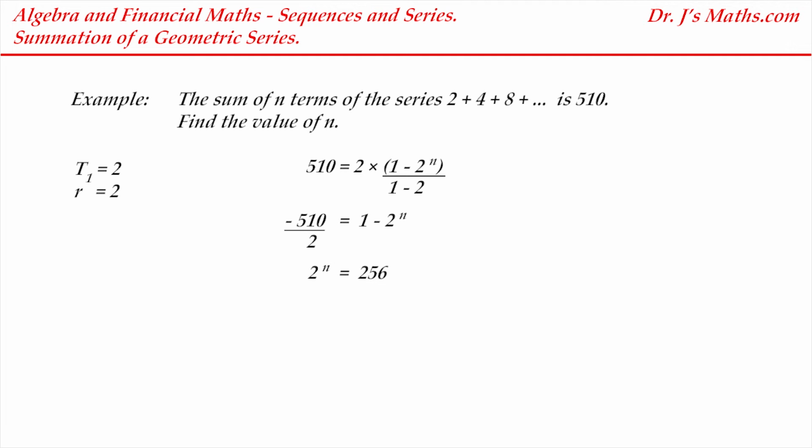Tidy that up, 2 to the n is equal to 256. Now we can do that a couple of different ways, but I'm taking the longer way because it's the more general way and using logarithms. So n is equal to log 256 over log 2, using the change of base law. And so putting that in my calculator, which is still a very useful thing to do because it's modern, n is equal to 8.